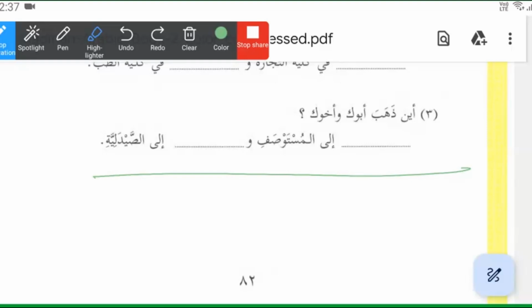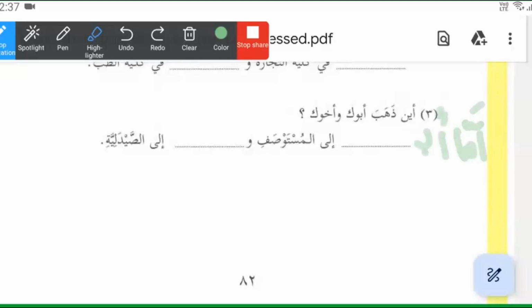So we will say here, Amma Abi. If I have to say my father, I will say أما أبي فهو يذهب, fayazhabu ila al-mustawsaf, ويذهب إلى المستوصف.